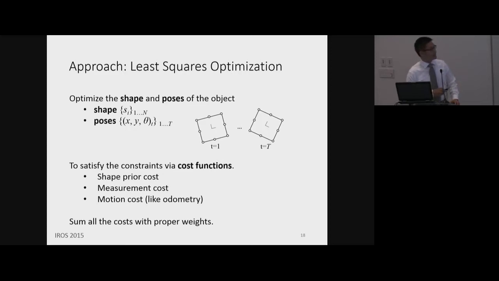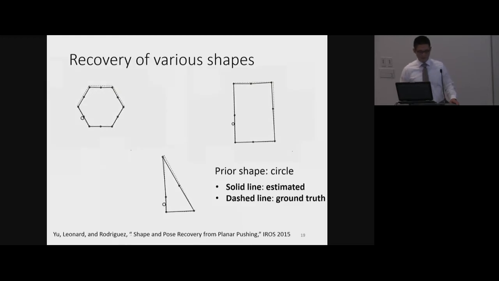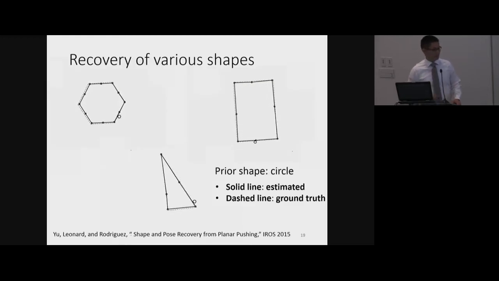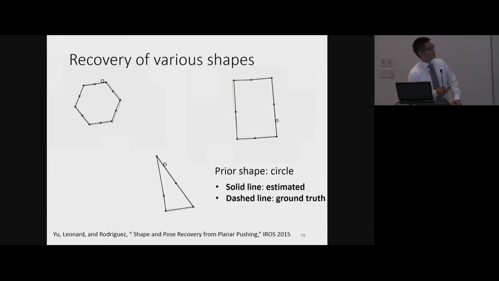All right, so now let's come back to the optimization problem. After we define all these three costs, we sum all of them together and assign proper weights to them to propose an objective function. Now I jump directly to the result.